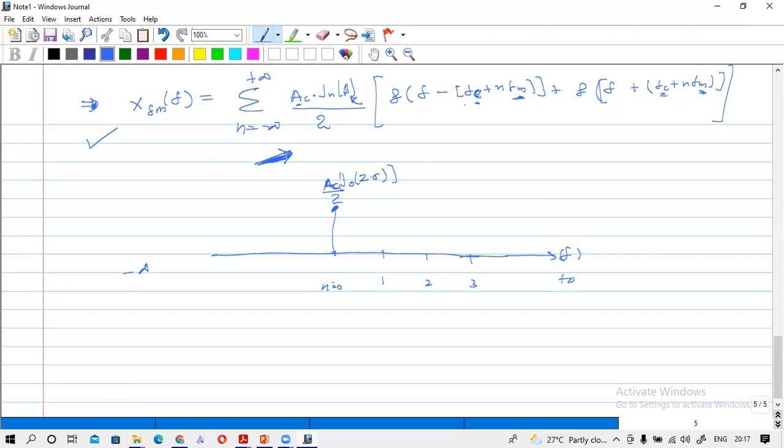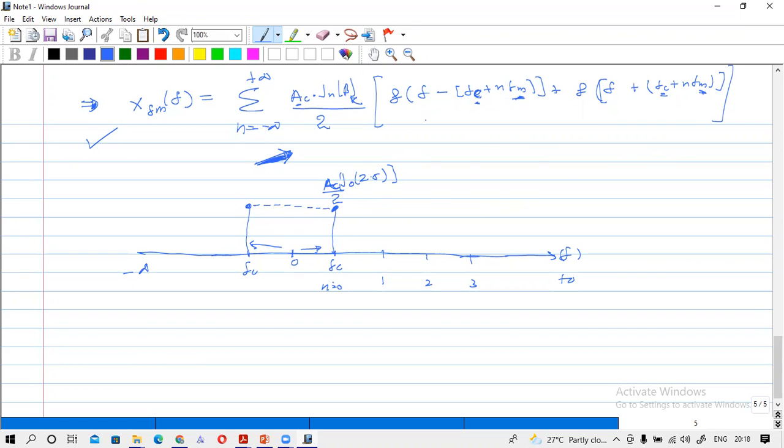Here it is f minus fc plus n fm, with n as 0, so it is f minus fc. So here it is shifted this way from 0 to fc, and for these terms it is shifting the other way, that is plus fc. So here you also will get the same.